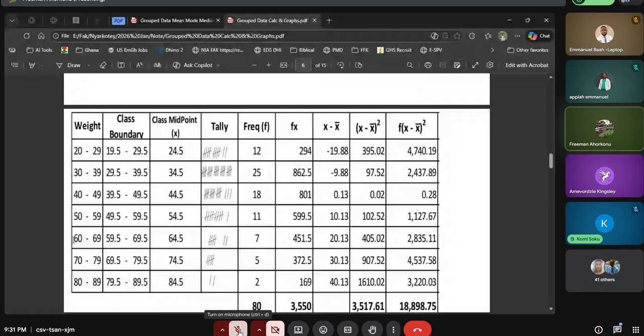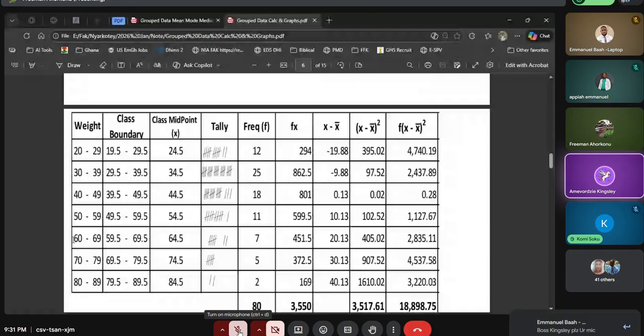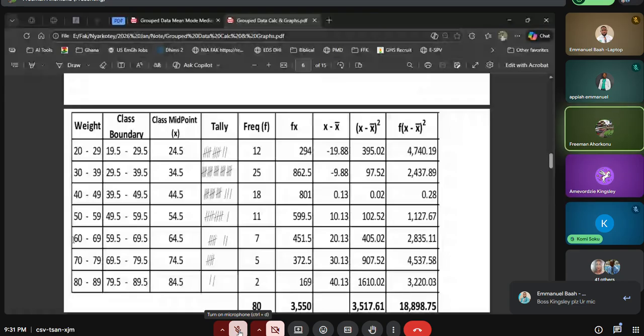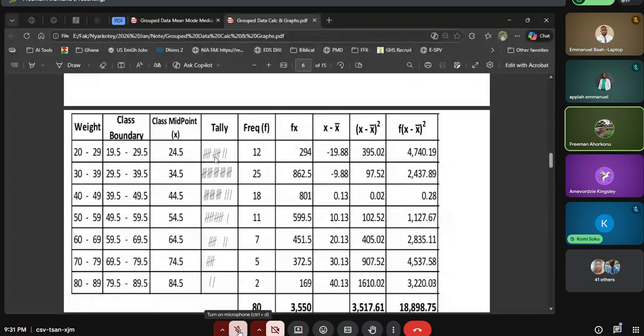That gives you 12. For the second class, you have 5, 5, 5, 5, 5, that is 25. For the third class, you have 5, 5, 5 plus 3, making 18. Remember, the fifth one is what we use to cross the first four. When you get to the fifth one, you cross. Now you have 5, 5 plus 1, that gives you 11. The next one, 5 plus 2, gives you 7.